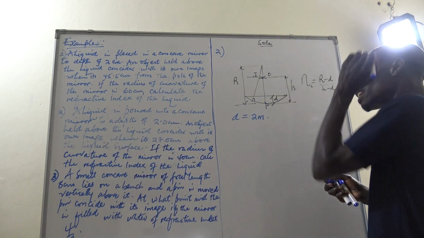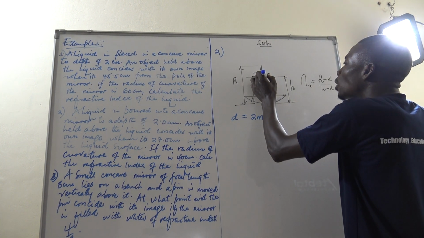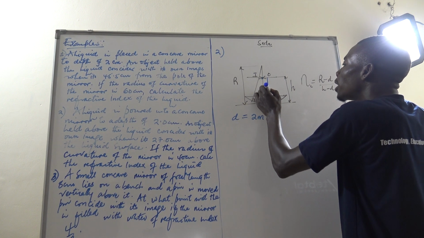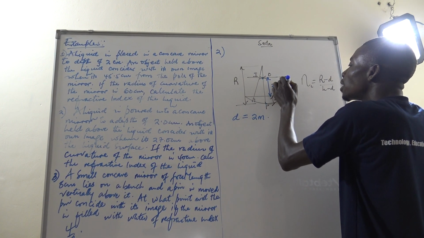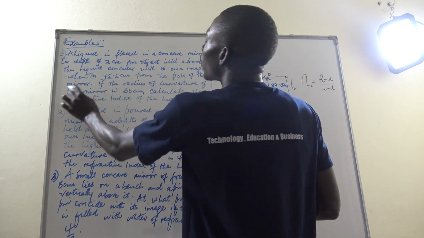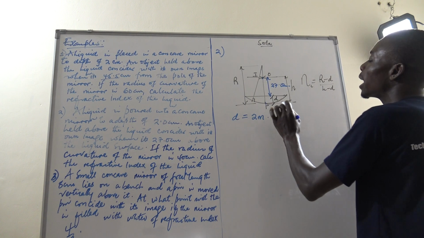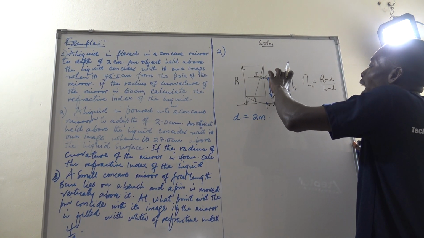So this 27 is above the liquid surface. What does it mean? They are talking about 27 being this. Different from the previous one, where they said 45 from the pole of the mirror. From the pole of the mirror, they measured from this point to this point, and that was exactly our H.